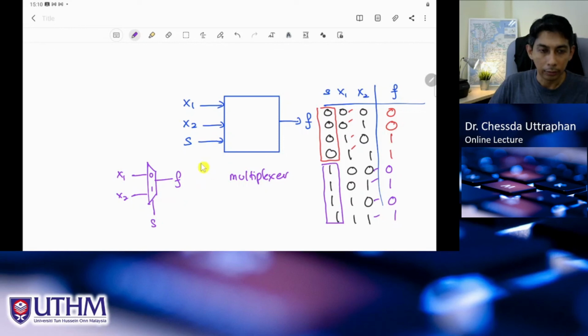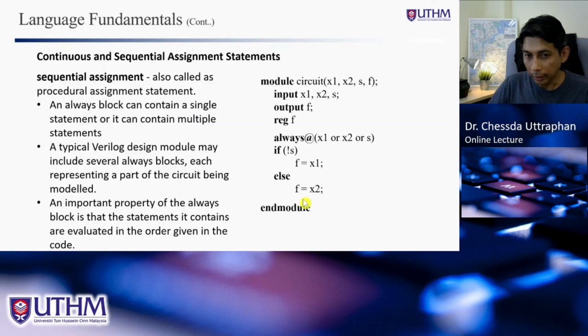We don't have the circuit, we don't have the Boolean equation, but we can write the behavior in Verilog. And this behavior must be written in sequential assignment, using the always block like this. So the Verilog compiler will compile this code and give you a multiplexer.